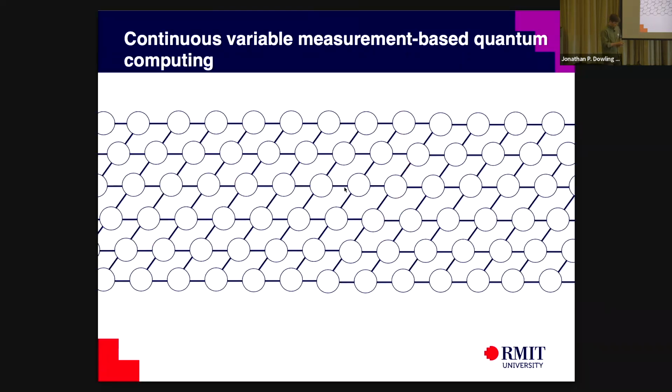And it creates this cluster state. And this is what we call the quantum computer. You measure it, and it does stuff as an input state is teleported along. Choosing your measurement basis allows you to choose the operation that gets done.